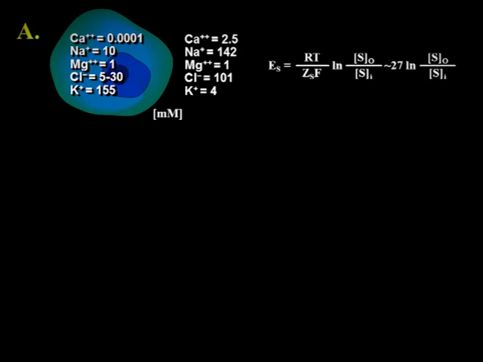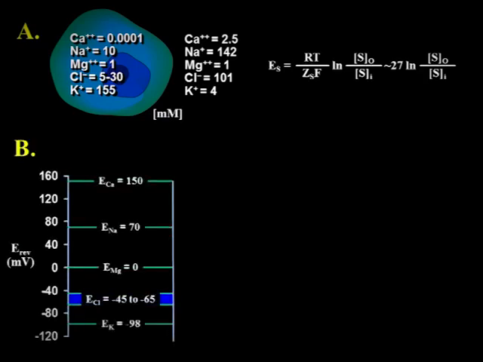And we know that, for example, if all there was was the difference in concentration of a specific ionic species, say for example potassium, and we put that in the equation, then we would see that the reversal potential for potassium is minus 98 millivolts.